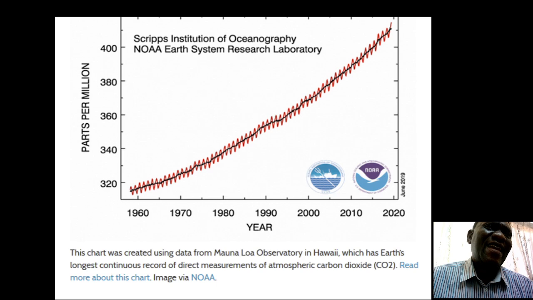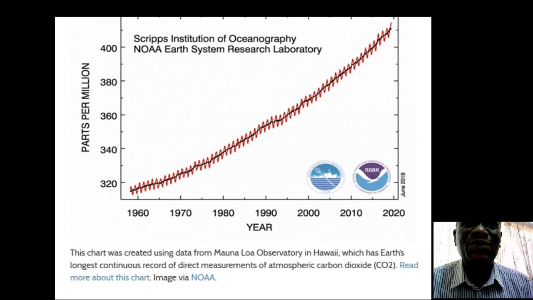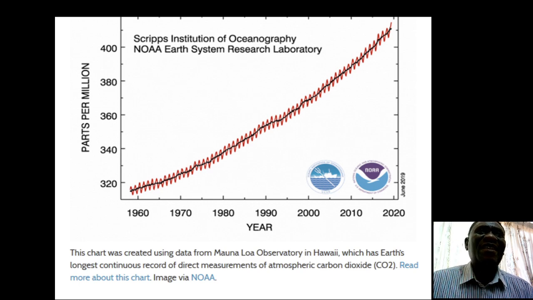You can see that carbon dioxide is actually increasing with the number of years due to our farming activities and other activities which could possibly add a lot of carbon dioxide into the atmosphere. So the question is, as we increase carbon dioxide in the atmosphere, are we going to alter the competition of plants?